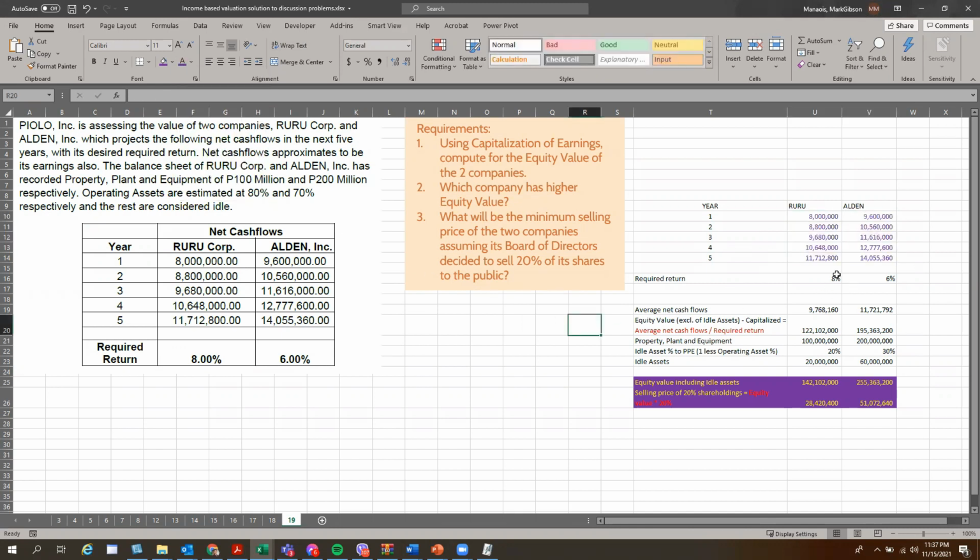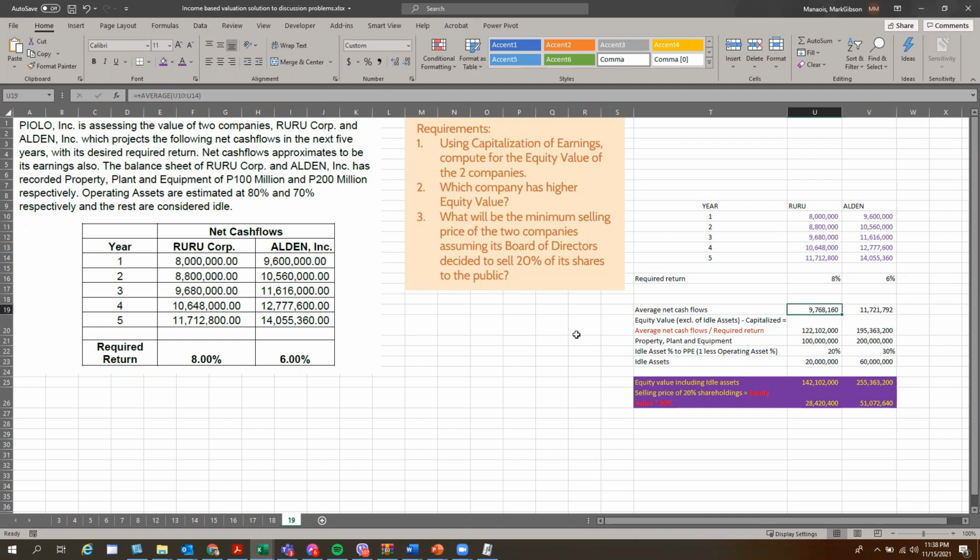Of course, the required rate of return is also provided in the problem. So the first step is to compute the average net cash flow. So how? Get the sum and divide by 5. That's it. Or simply, if you're using Excel, like what I'm presenting right now, I just type in the formula AVERAGE and then select these cells.